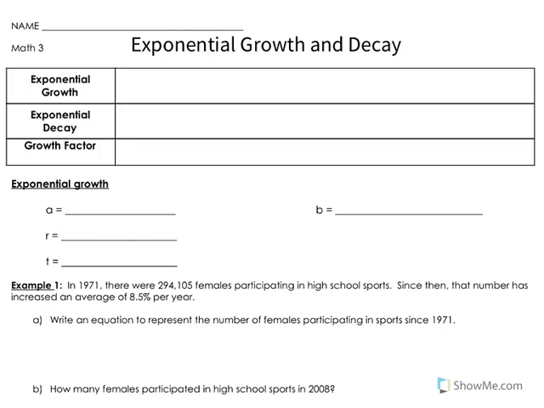So exponential growth, the formula that you're going to put in this box is y equals a(1 plus r) to the t. I'll explain more what these variables mean below. But right now, just fill in the formulas.